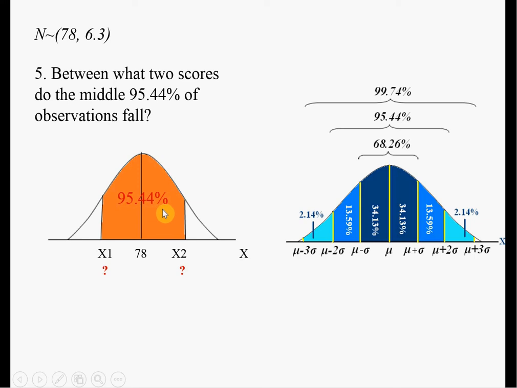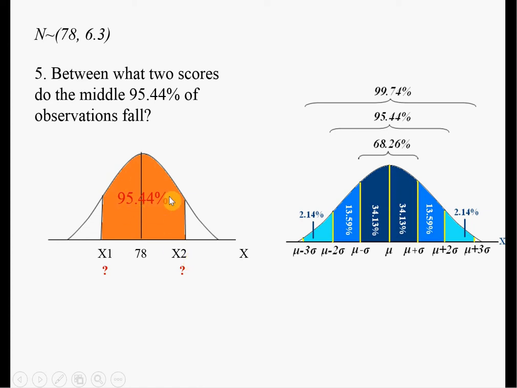95.44% corresponds to two standard deviations below the mean and above the mean. And obviously, we already know that x1 must be two standard deviations below the mean, and x2 must be two standard deviations above the mean.